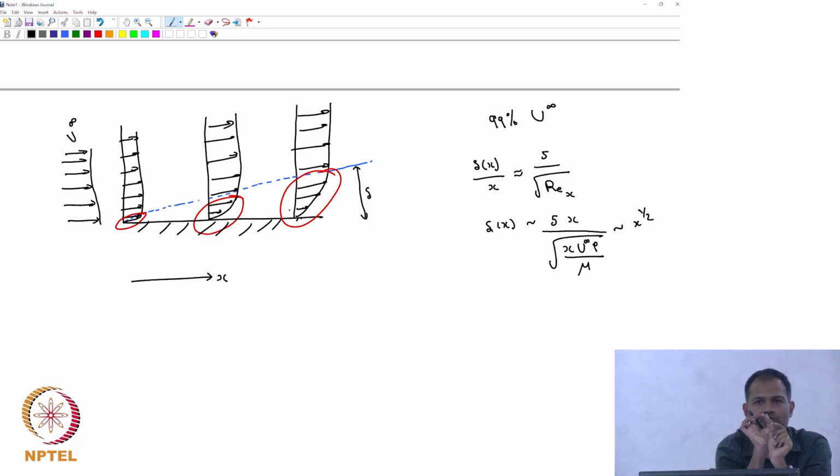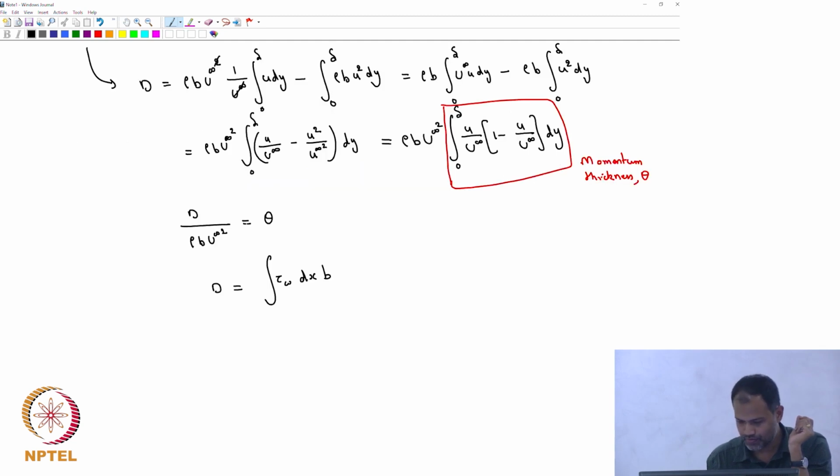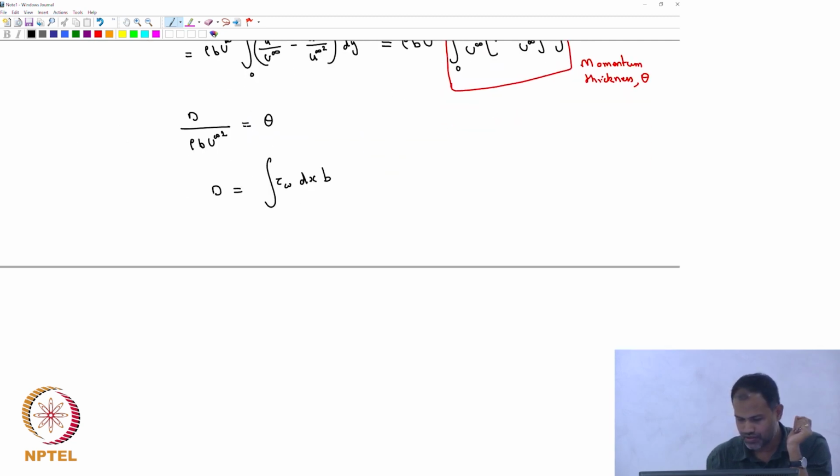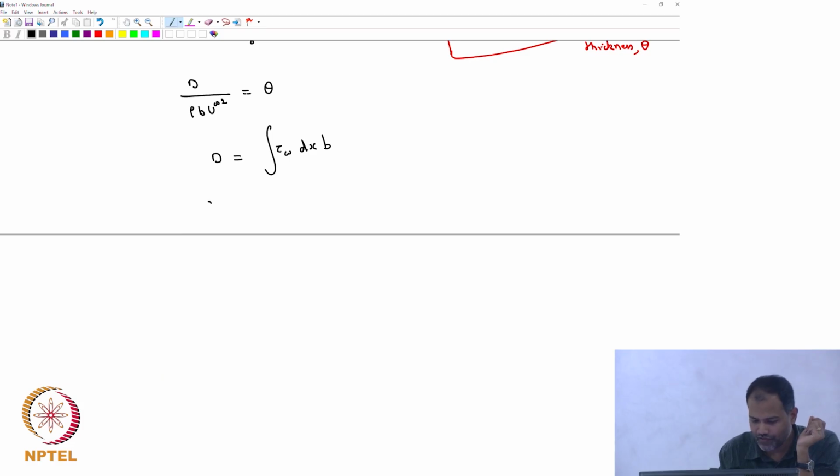So tau w b dx is going to be the force on that small element, and if I integrate it over all my length up to x, I will get the total force. So that means if I do dD by dx, I am going to get b times tau w. Or in other words, shear stress is nothing but the derivative of the total drag force with respect to x.